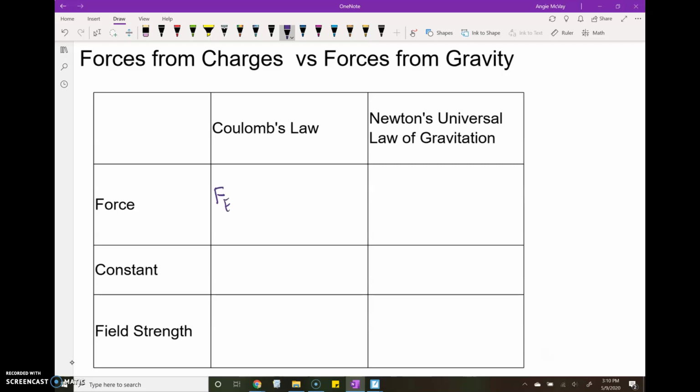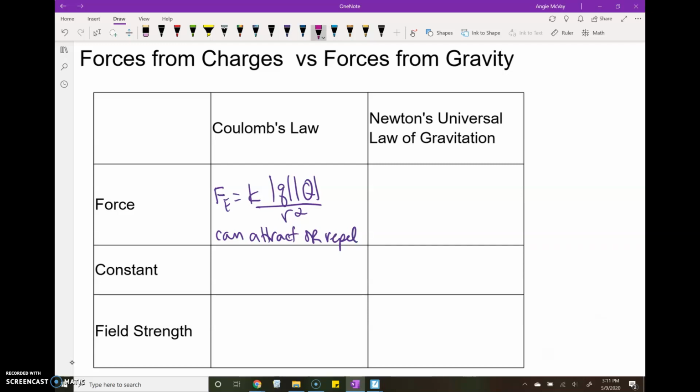Electrostatic force is equal to k times Q over r squared. Okay, electrostatic forces, depending on whether both charges are similar, or if they're opposite, these forces can attract or repel. Okay.